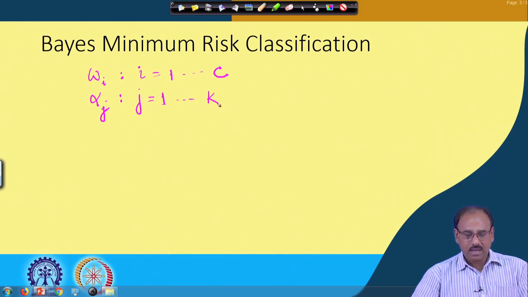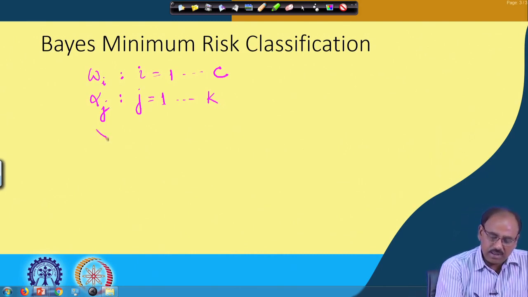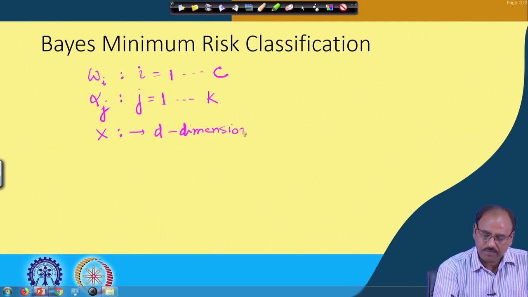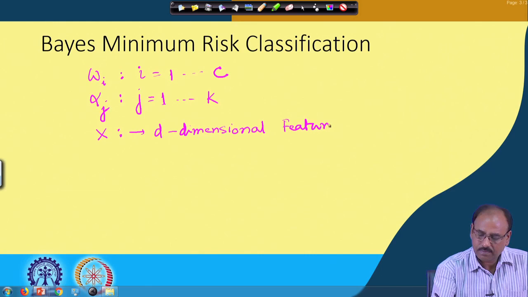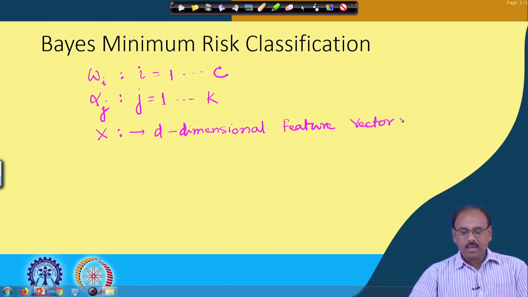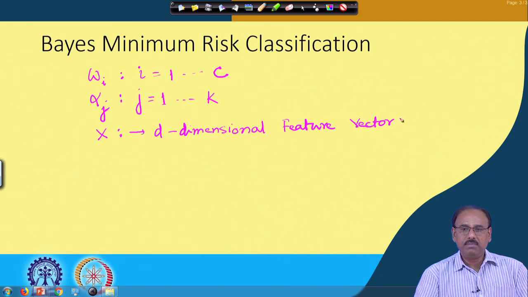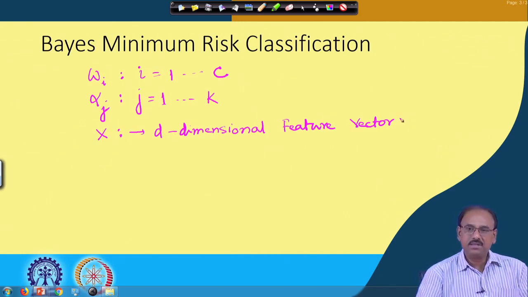As before, I consider the feature x to be a d-dimensional feature vector.